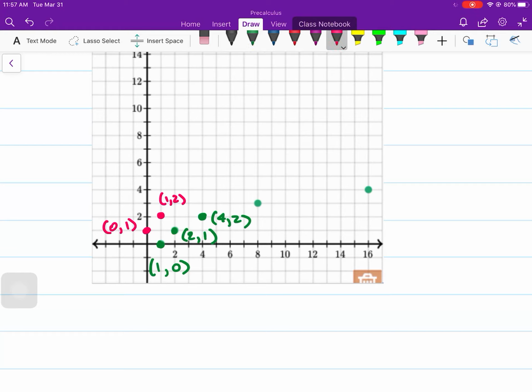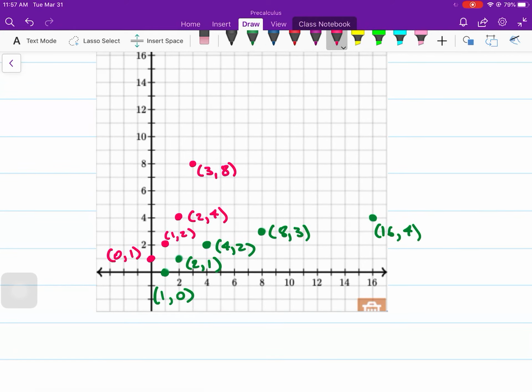So our inverse point would be (2, 4). And then we have (8, 3). So the inverted point would be (3, 8). And then our next point is (16, 4). So then our inverted point would be (4, 16).